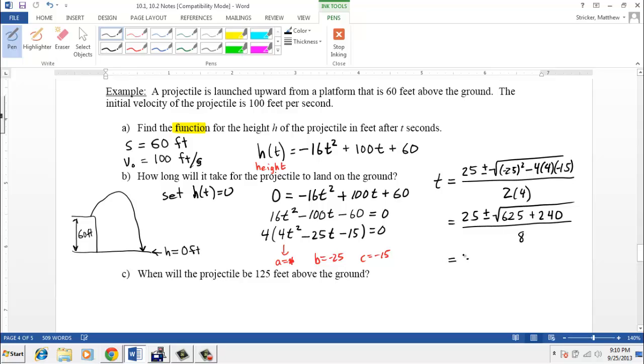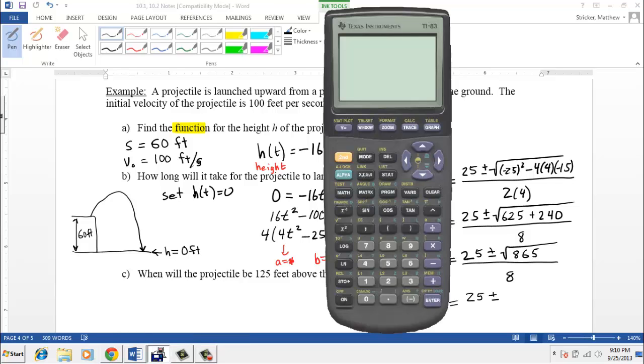So this is 25 plus or minus the square root of 865 over 8, which is about 29.4.